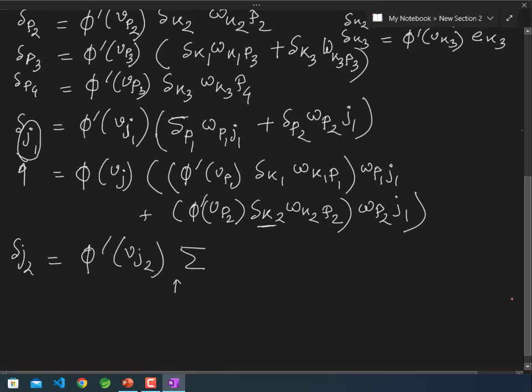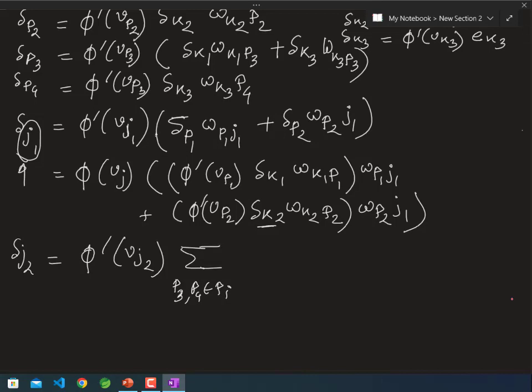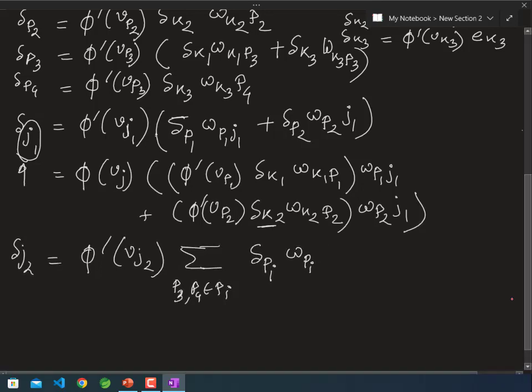So we can say that P3 and P4 belong to P i, and you can say that delta of P i is connected with the help of P i and multiplied with J2.